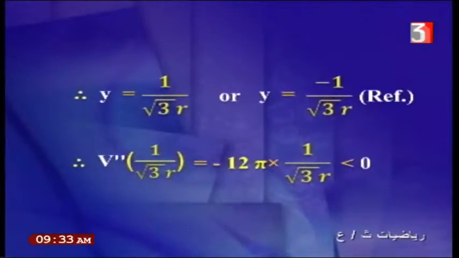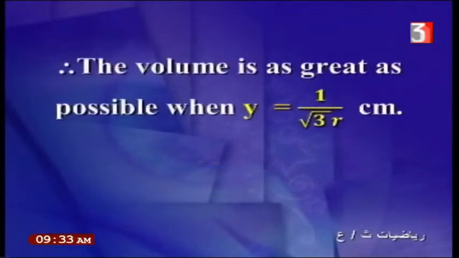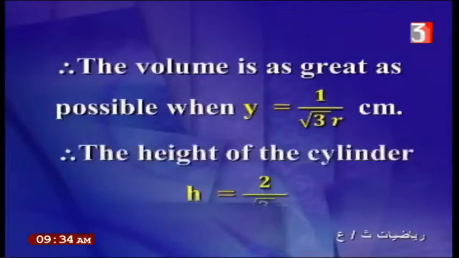But if V double dash is a positive value, then the function has a local minimum value. In this case, V double dash is negative, then the volume is as great as possible when y equals 1 over root 3 r centimeter, and the height of the cylinder equals 2y.